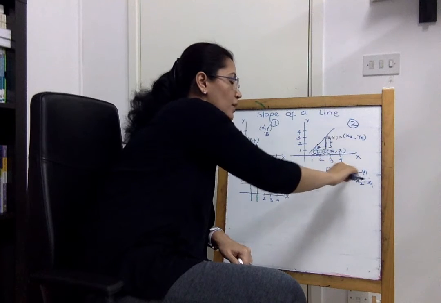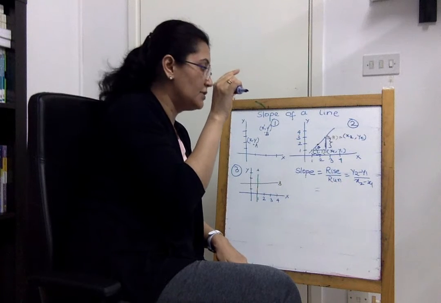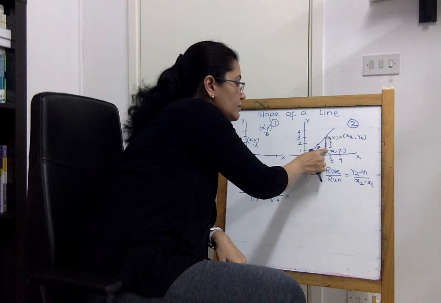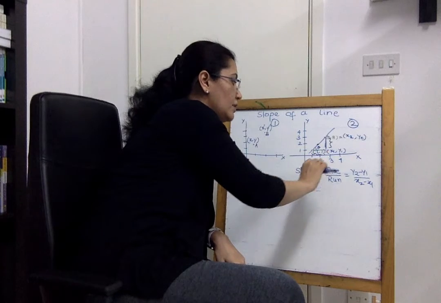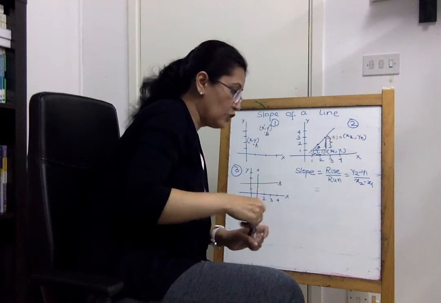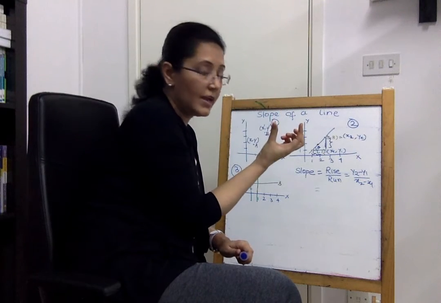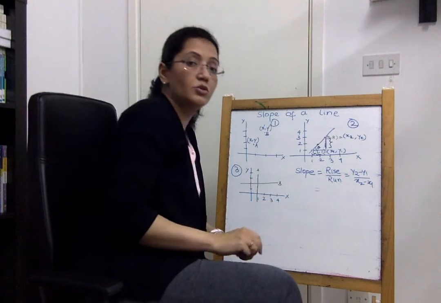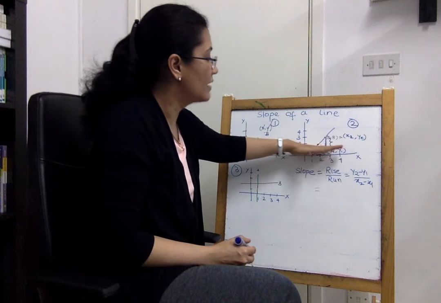So y2 minus y1 is the rise. Similarly, the difference of the second x coordinate with respect to the first is x2 minus x1. This ratio of the difference of y coordinates to the difference of x coordinates gives us the slope of that line. And this slope is nothing but the angle made with the x-axis.